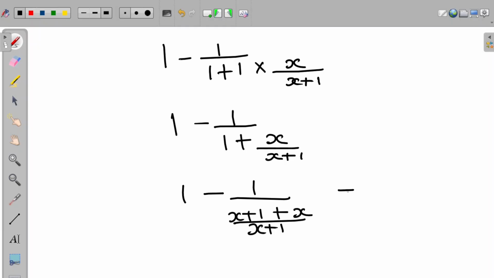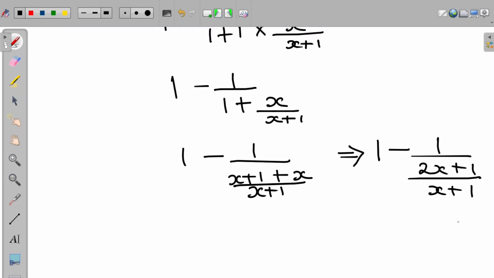So at this point, the expression reduces to 1 minus 1 divided by x plus x is 2x plus 1, divided by x plus 1. So again, we can express our expression as 1 minus 1 divided by 2x plus 1 divided by x plus 1.